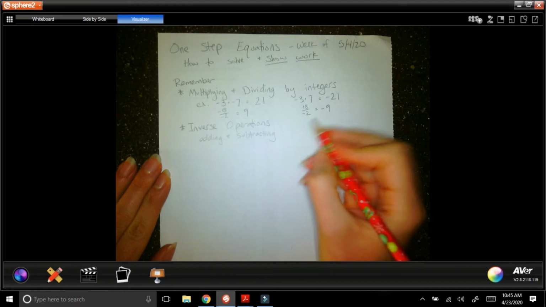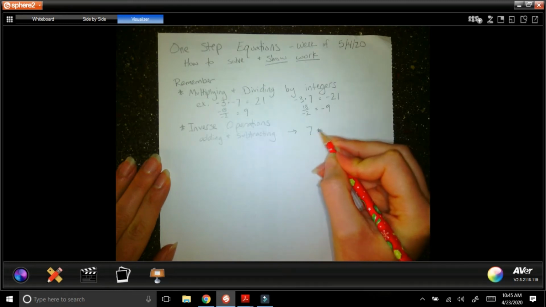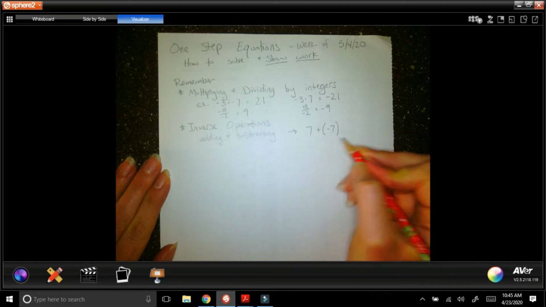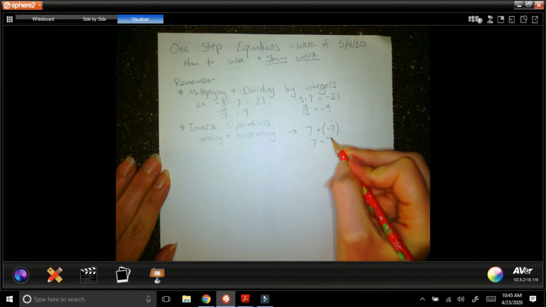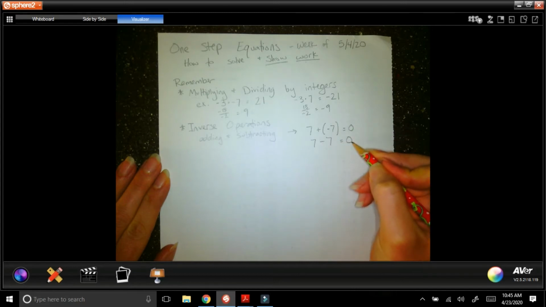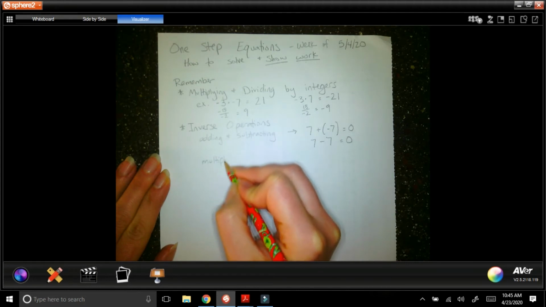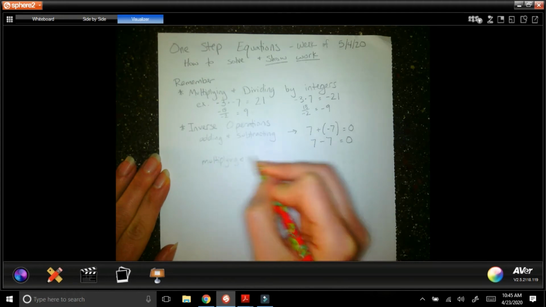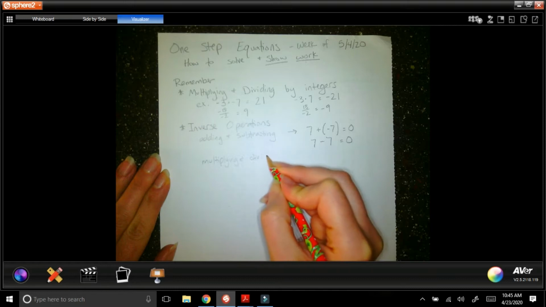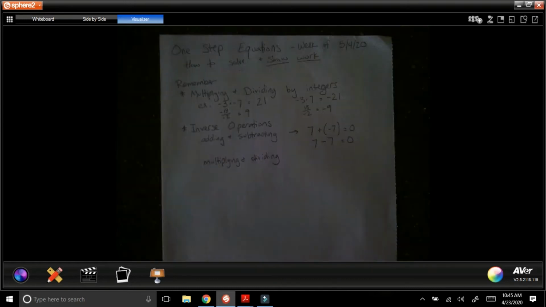Adding and subtracting are inverse operations because if you have 7 plus -7, or you could even say 7 minus 7, you end up with the additive identity, which is 0. Multiplying and dividing are also inverse operations.